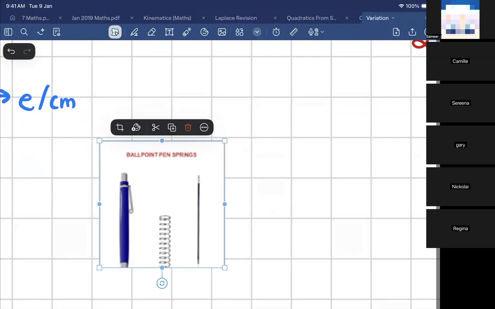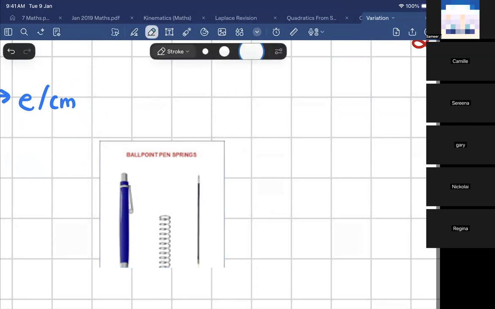Nikolai, which one do you think would extend more, the spring from the pen or the spring from the suspension in a car? The spring from the pen. Exactly. You ever try to push or pull the spring from a suspension? It doesn't move at all. So that is very stiff. I'm talking about spring stiffness.